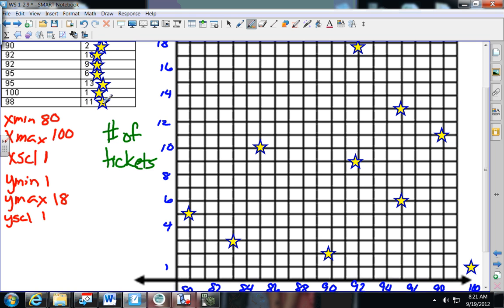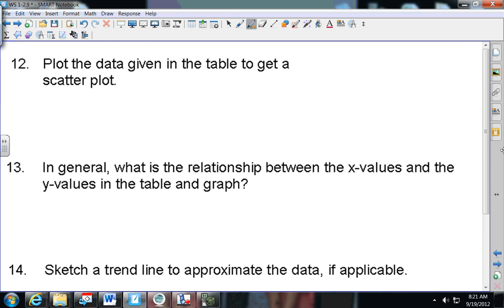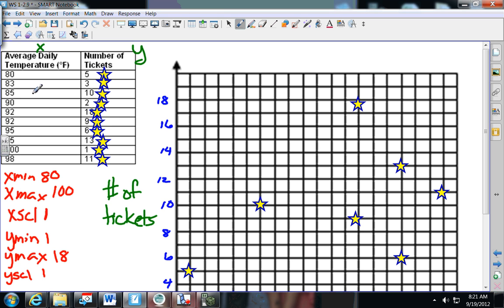Well, let's look at this. Can you draw a trend line in there somewhere? What about these points? I mean, they seem to be all over the place. They're not really close together. So let's look at our questions. In general, what happens to the x and y values? As the x numbers increase, can we say our y numbers increase? Will they go down, then up, then down?